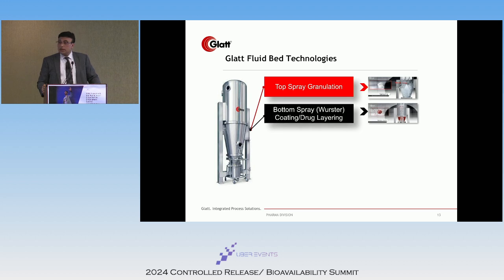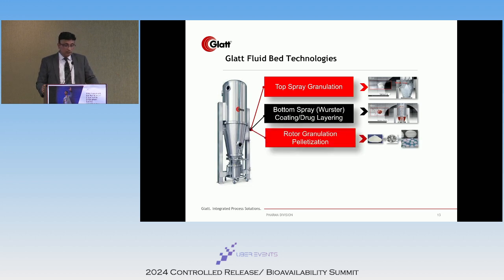The second one is the Wurster process, where you take the pellet, process it, apply different forms of coating, and achieve your drug release profile. The rotor granulator is another flexibility that you have on top of top spray granulation, which I will go through in detail, and it will get you another population of granules for different purposes.